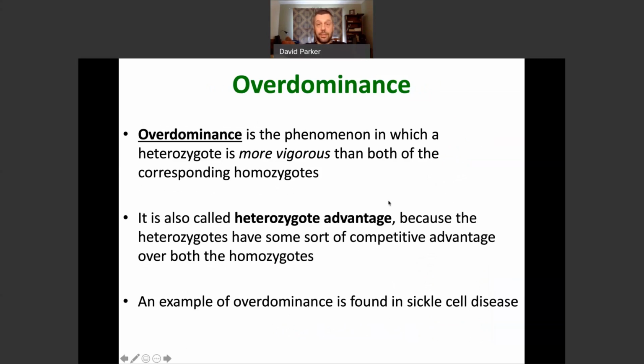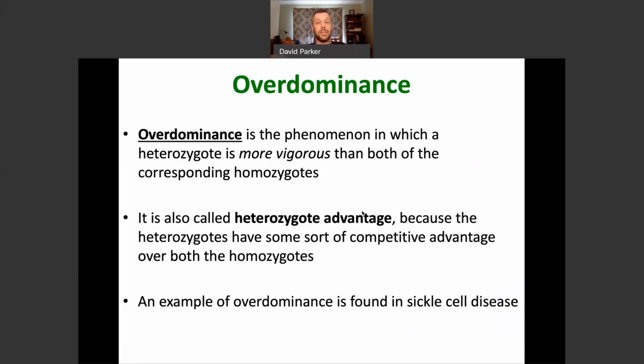Another interesting genetic phenomenon that occurs is something called overdominance. This is a case in which the heterozygote is actually more vigorous in some way than both of the corresponding homozygotes.